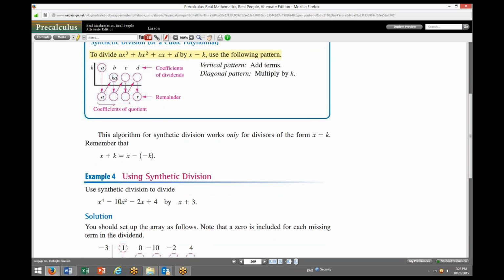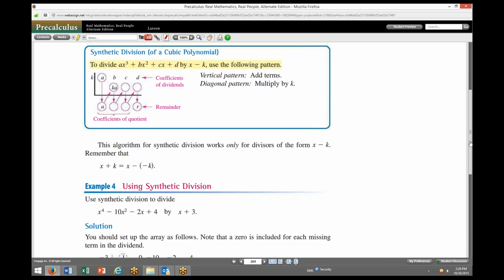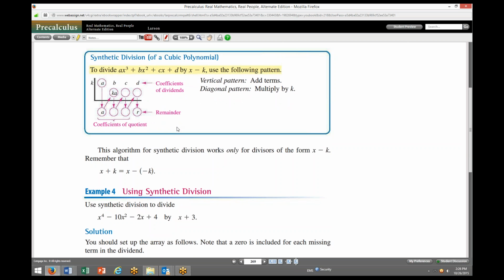If you want to divide, for instance, like this explanation box shows us, and then we'll go through a real one, if you want to divide ax to the third plus bx squared plus cx plus d by x minus k, so you got a cubic polynomial divided by a first degree polynomial, then what you do is, starting with the ax to the third polynomial, which has 4 terms, we strip off the x's and the exponents.